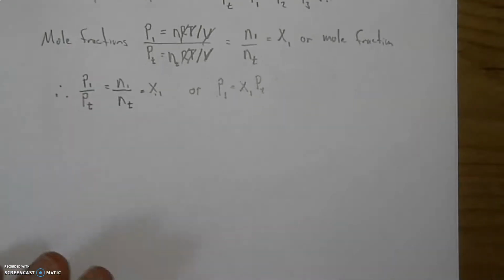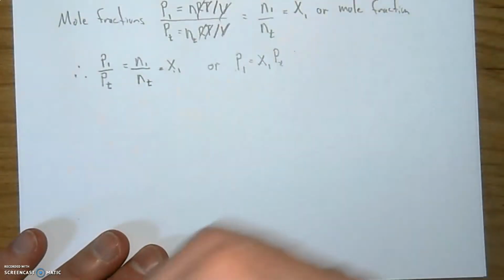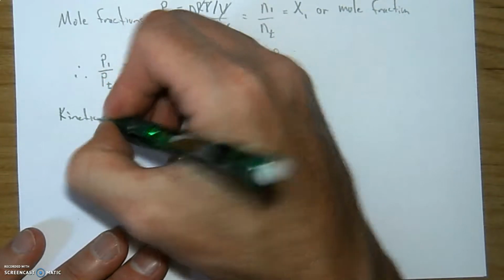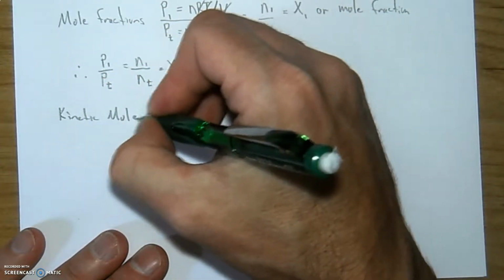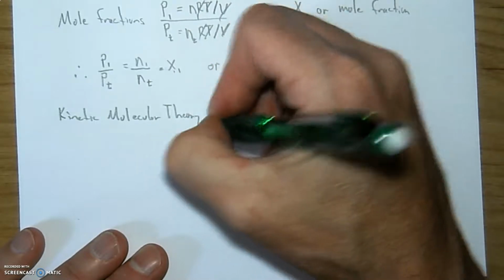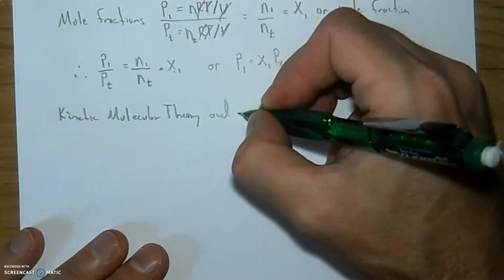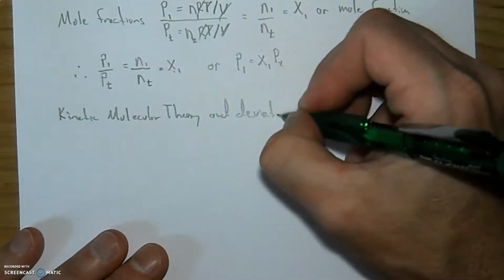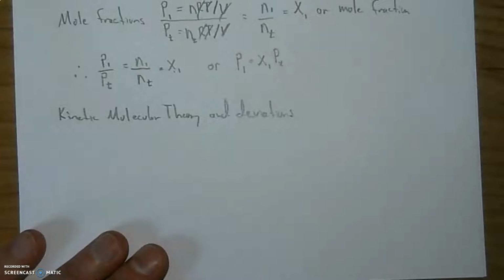Okay, kinetic molecular theory, and some deviations. How does it not always follow suit with that?